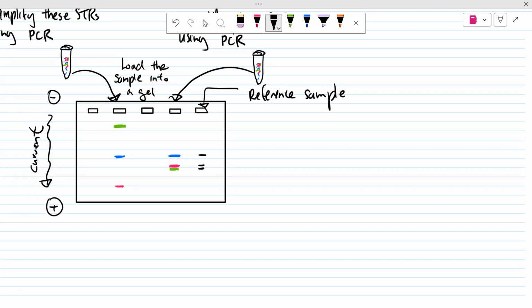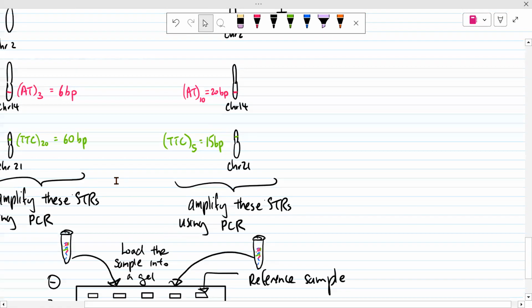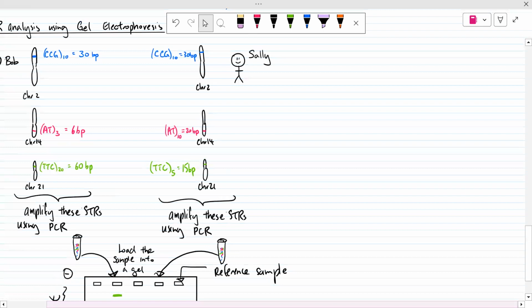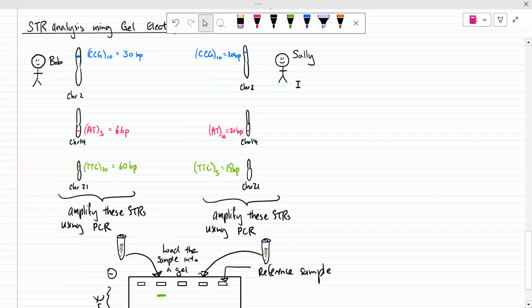There's a question: when you have 2 different samples, how do you know which DNA is from whom? Because you prepared the sample, right? That's actually a good question. I didn't fully extend it. If you were really going to do this, you would need a DNA sample from Bob.